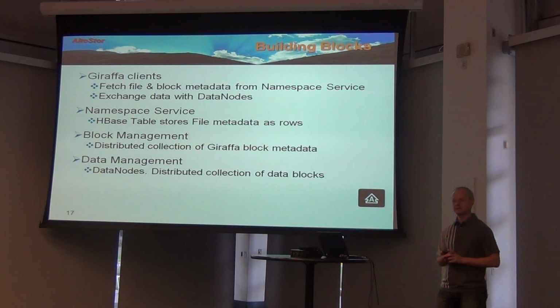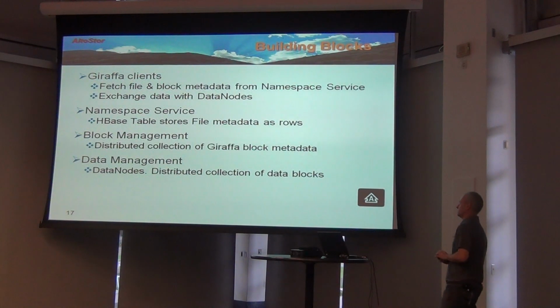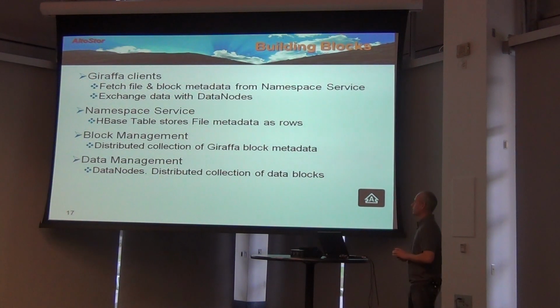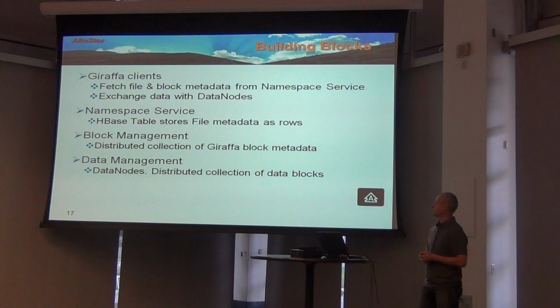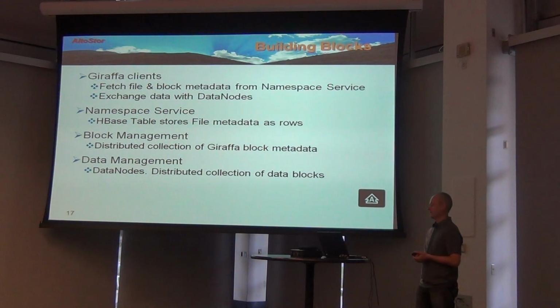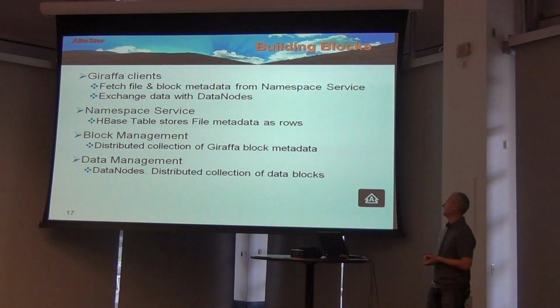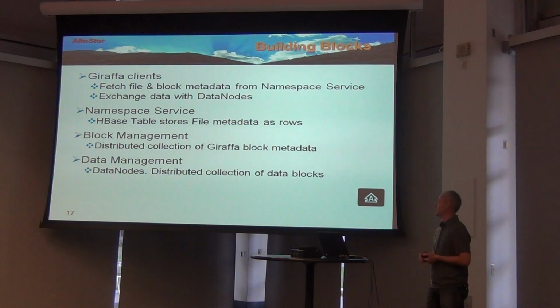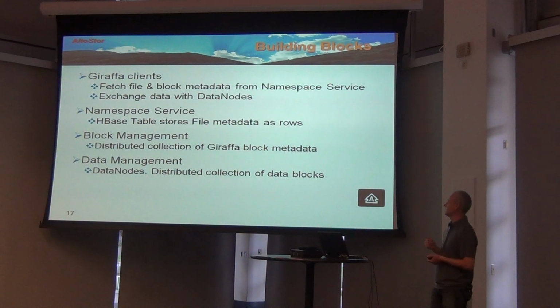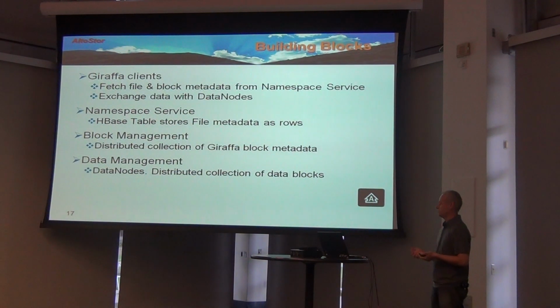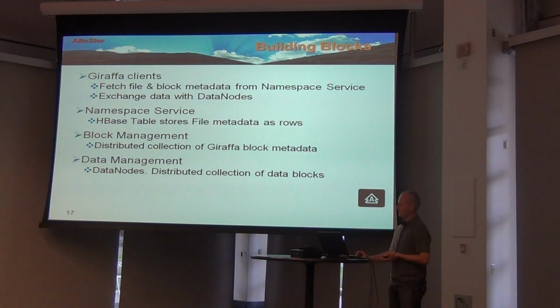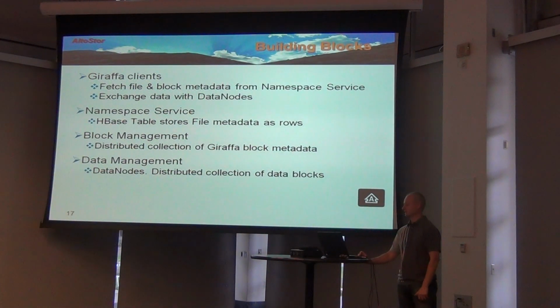Each row represents a file or a directory, and it contains all the metadata of the file system object. Block management is, as I said, a layer between the namespace and the data management data nodes. It's a distributed collection of block metadata. Data management is just data.